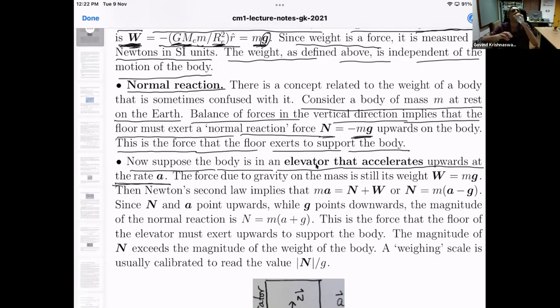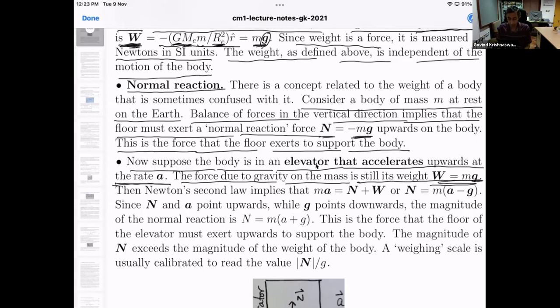Now, inside that elevator, we have this body. So the force due to gravity on that body is still its weight. That has not changed. The weight doesn't change with the motion of the body. So that is still mg. W is mg.